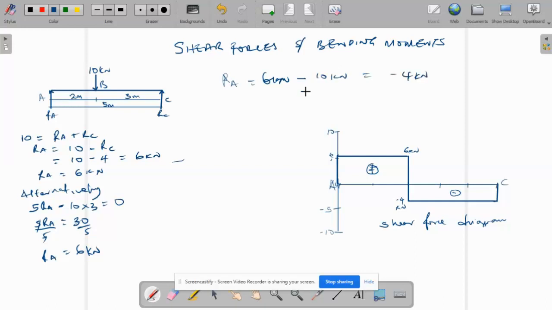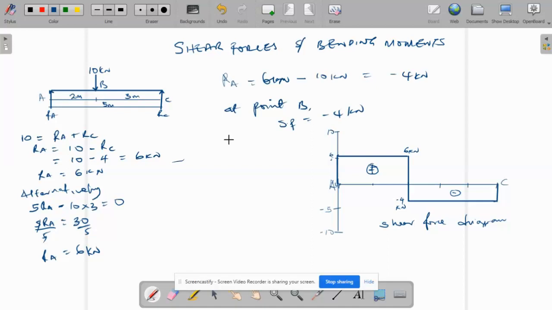So at point B, our shear force is equal to minus 4 kilonewton. So this minus 4 is still the amount of shear force we'll have from point B up to point C.